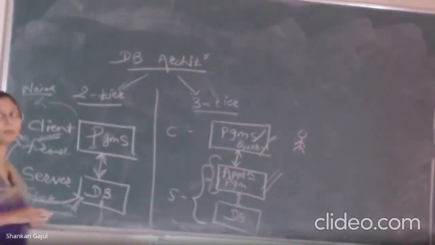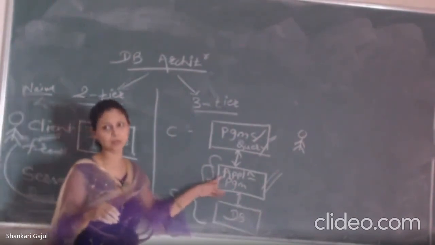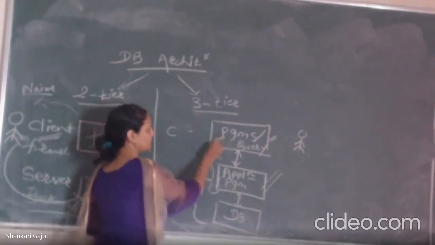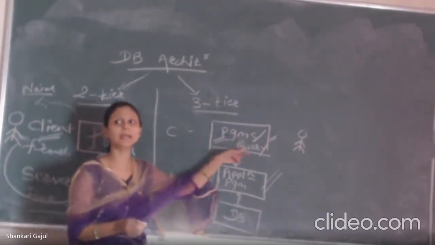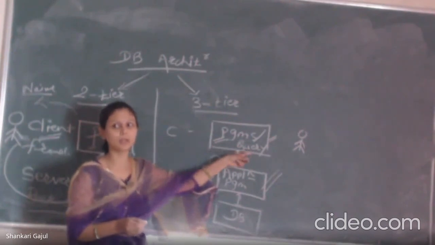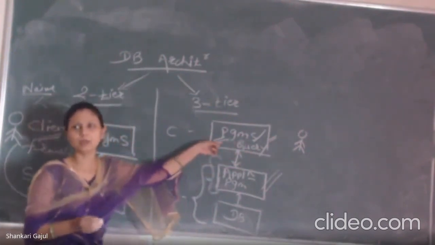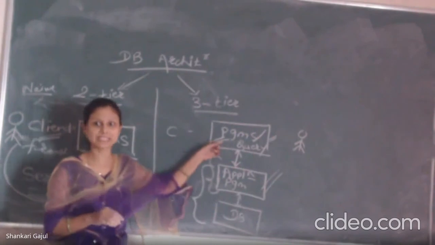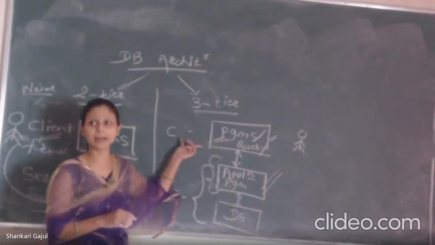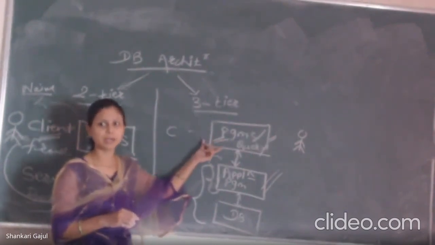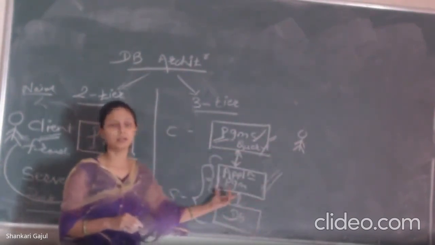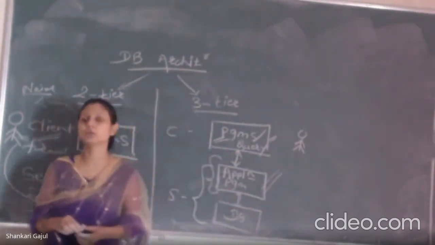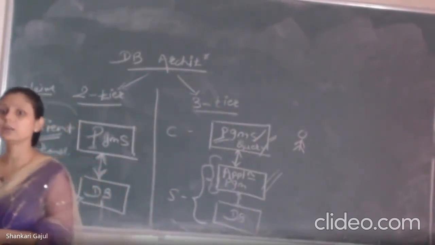Three-tier simply means we require the application program. We can see here that application programs are present, or we can say some kind of query languages are also present. Whatever queries, query languages or query statements are present on a client machine, when the client wants to interact with the database system, it requires one kind of application programmer interface, the intermediate.